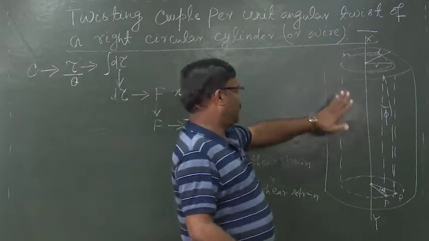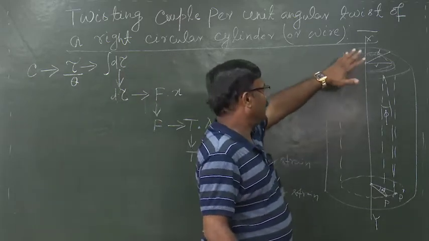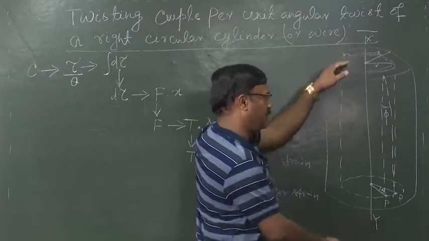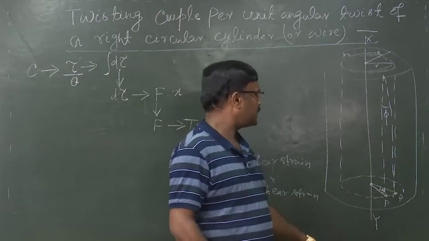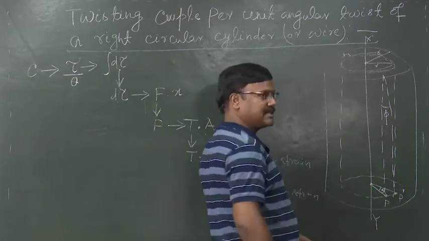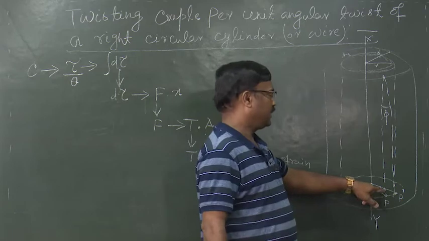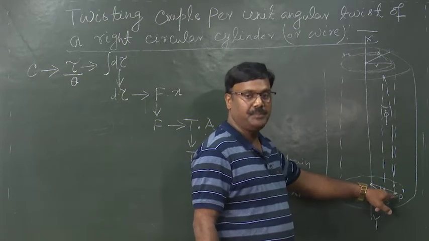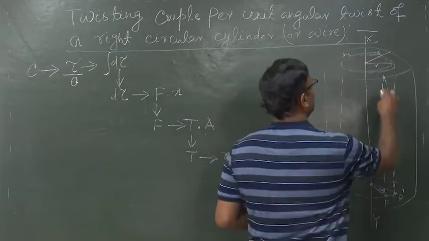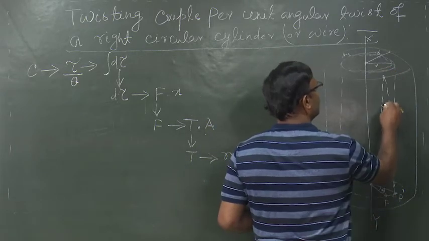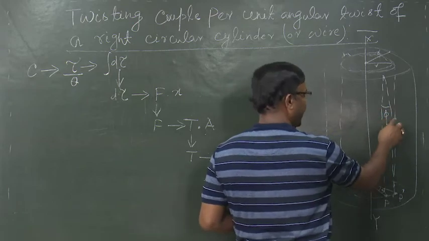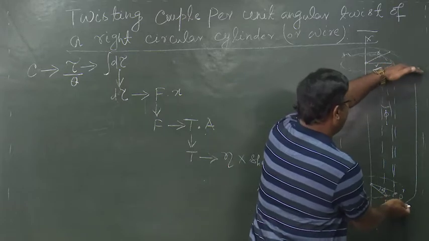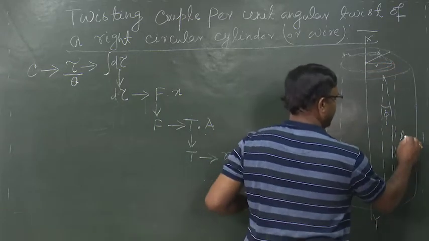Okay. What we have done? We have kept the upper face fixed and a tangential force F acts on the lower face so that the lower face gets twisted, making an angle theta at the lower end having arc P dash, and similarly this upper face also makes an angle phi with the arc P dash, but the length of the cylinder we have taken as L.